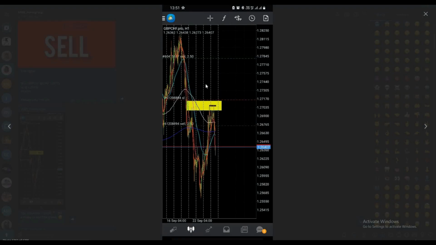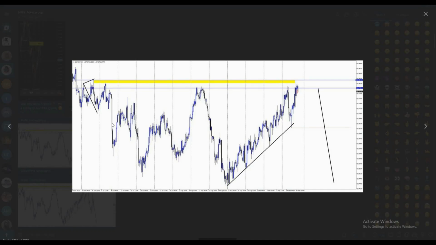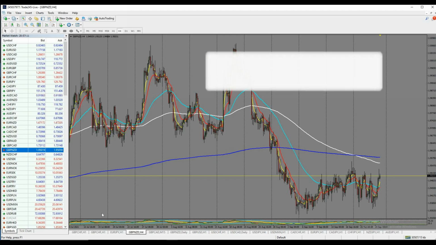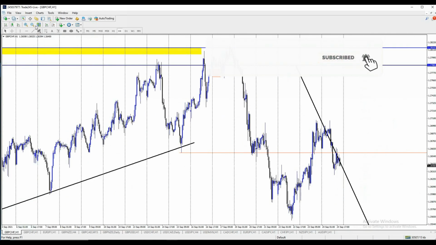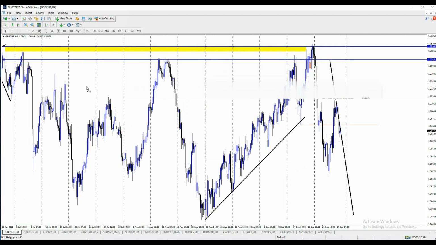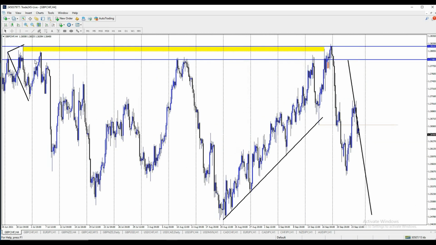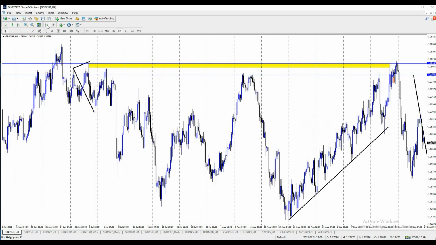We gave a free signal on GBP CHF today, and some analysis also. Very good analysis. Let me actually go through this and how I came about that analysis. If you go to the 4 hour, this is what we had. This was a very interesting zone, as you can see. Look at what we had right there. We had multiple touches.